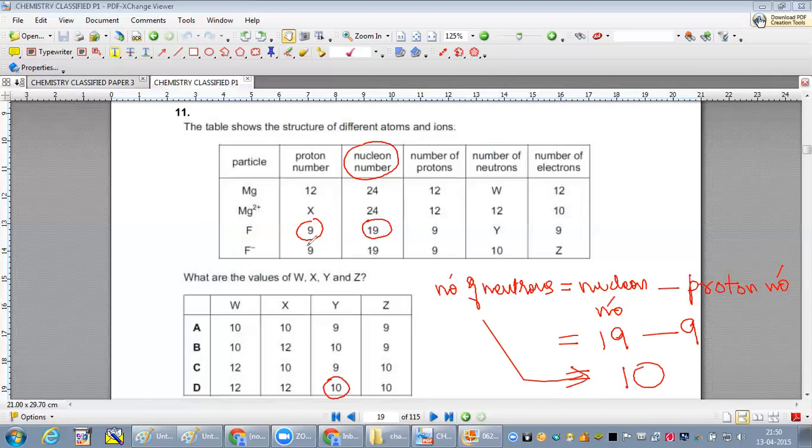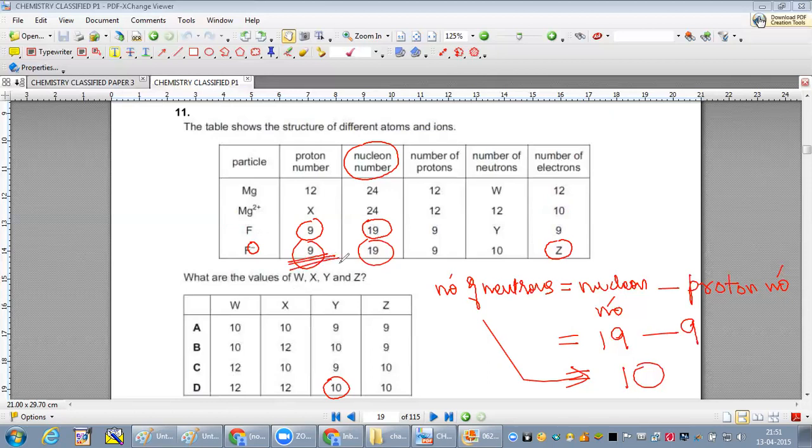Even Z is the same thing. 9, 19 and the number of electrons over here is obviously going to be 10. Why is it going to be 10? Because here there is a negative charge, so there has to be one more electron than protons.